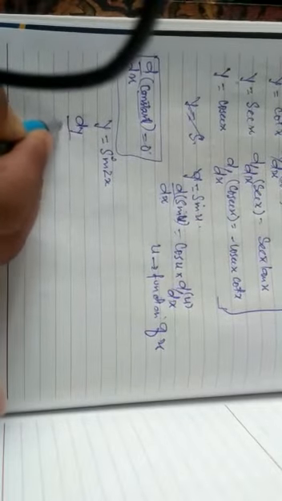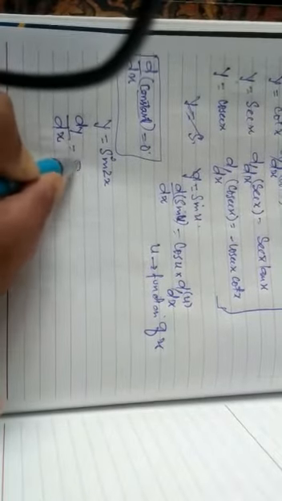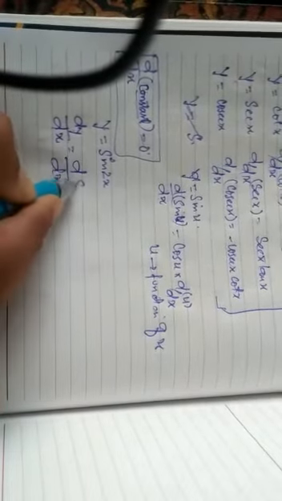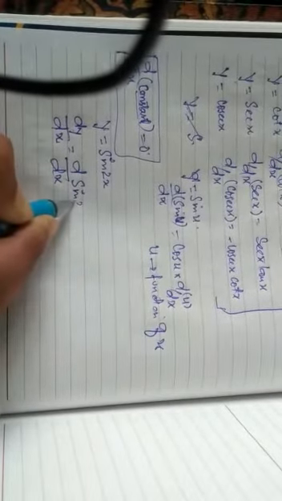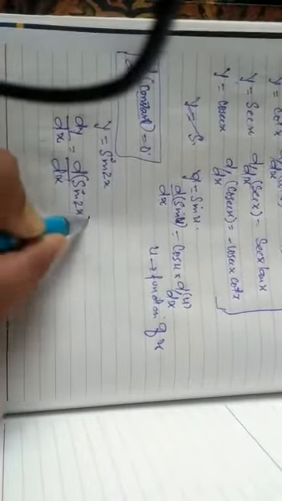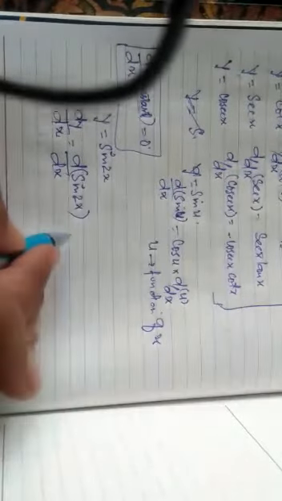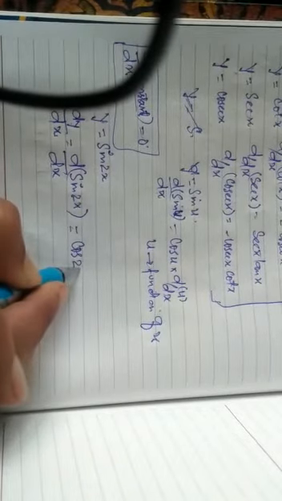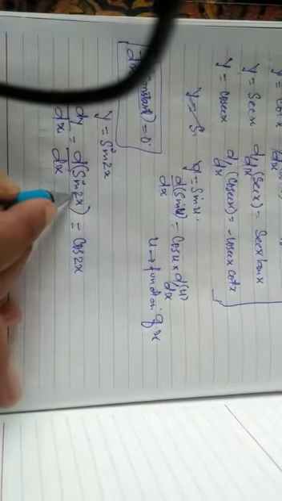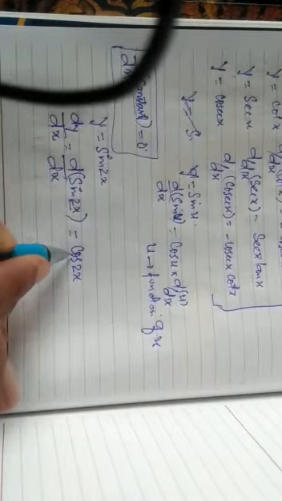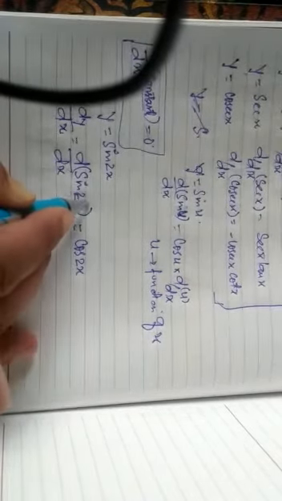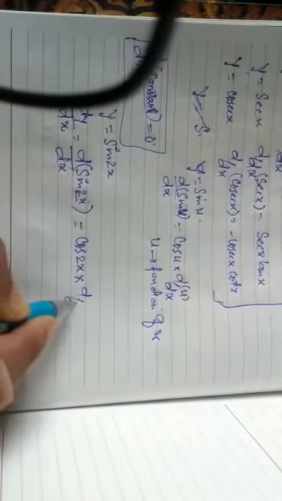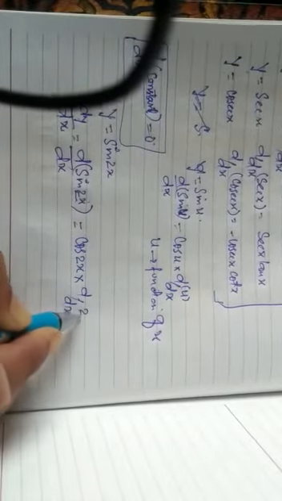So dy by dx equals d by dx of sine of 2x, but we know sine of anything is cos of that thing, so it will be cos of 2x. Had it been only x, the answer was simply cos x, but here it is 2x, so we have to write d by dx of 2x.